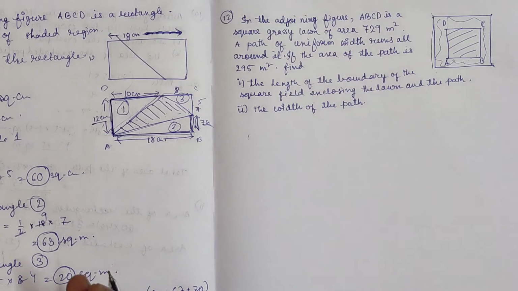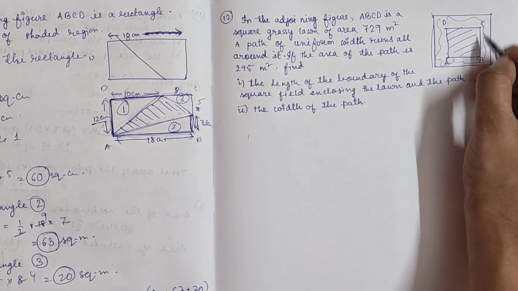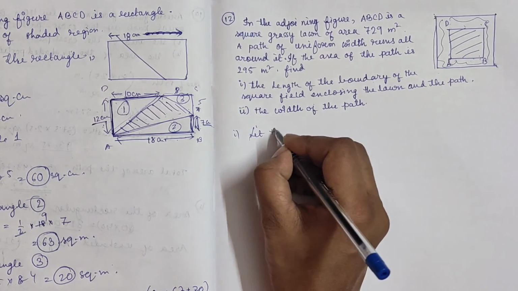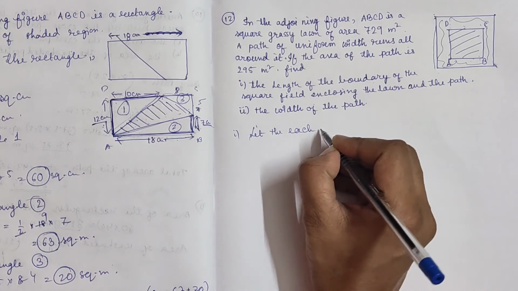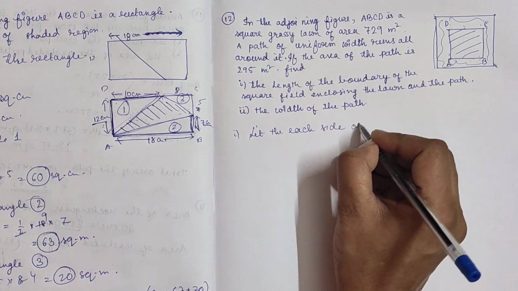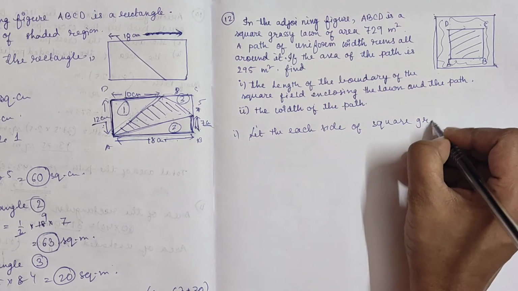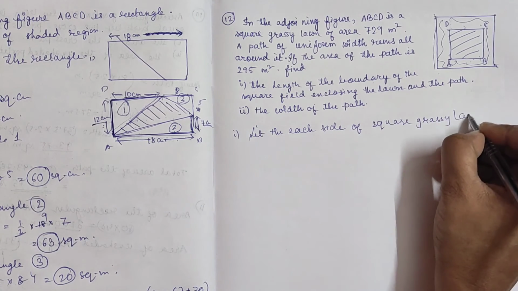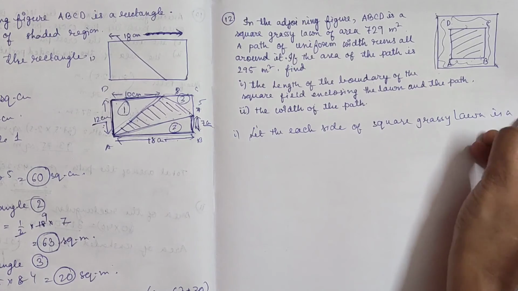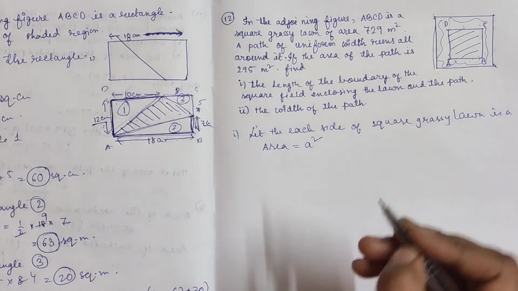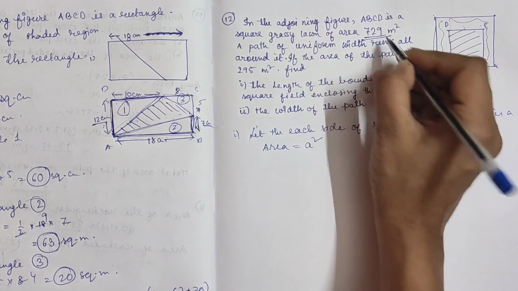So how can we find out? We don't know each side of the square. So let each side of the square grassy lawn be A. We know the formula for area is A square. But here the area is given 729.